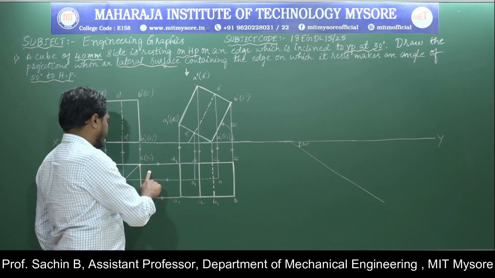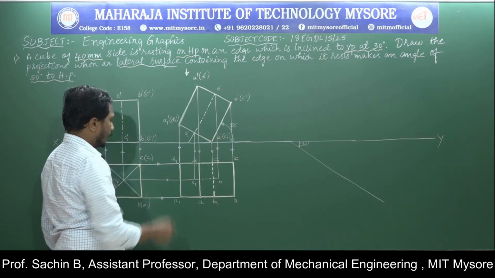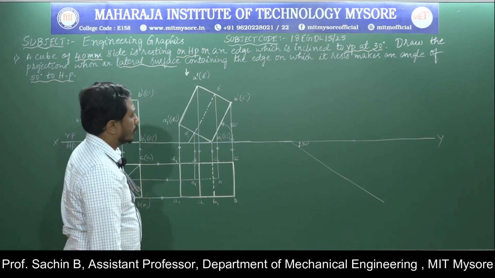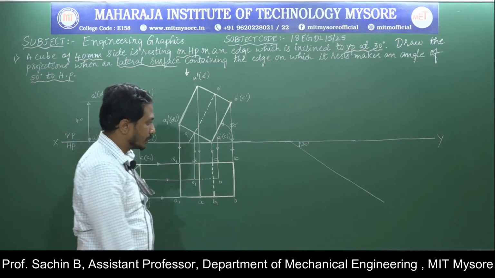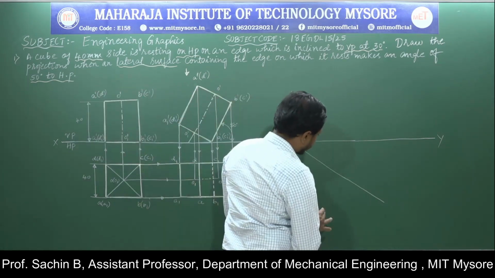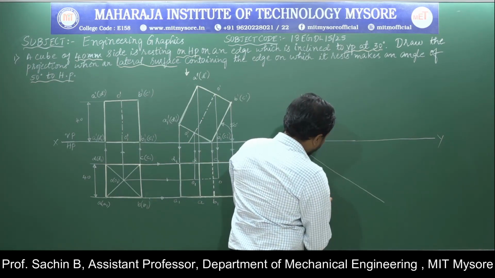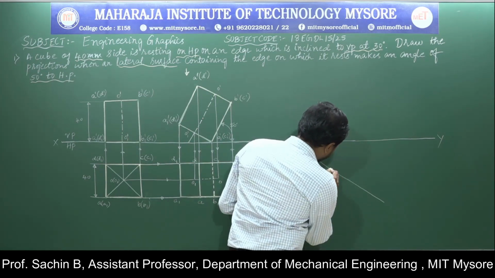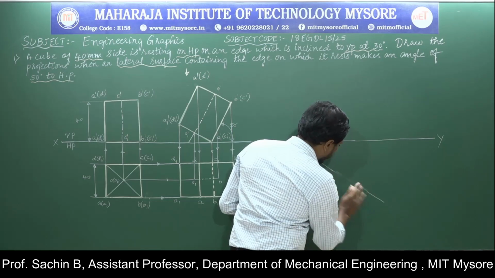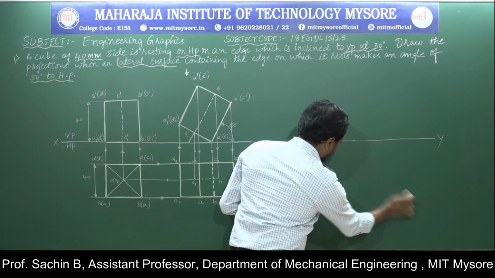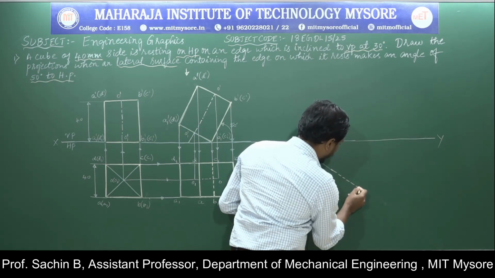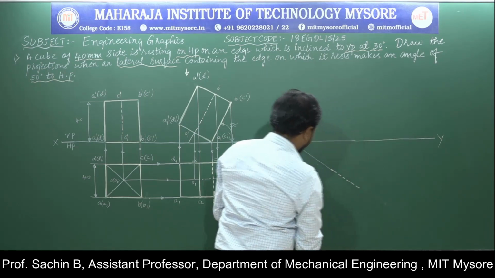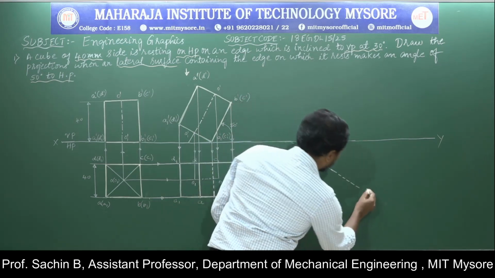But here we know that the B1 to C1 length of 40 mm remains the same in the second position. By knowing that, I will mark the length of B1 to C1, drawing the hidden edges. This is B1 to C1.